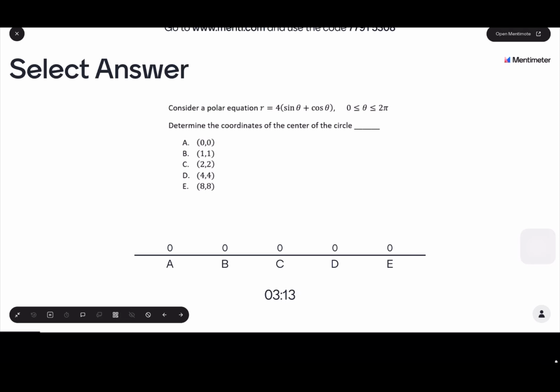You're taking the polar, and then it's asking the center of the circle. So the part of the notes you need to look at is the conversion, how to convert rectangular to polar or polar to rectangular.